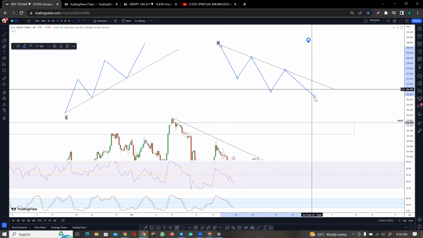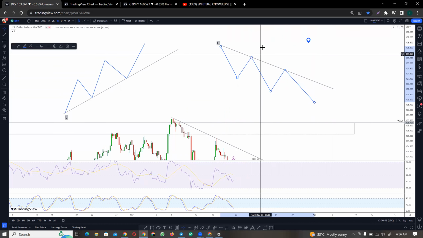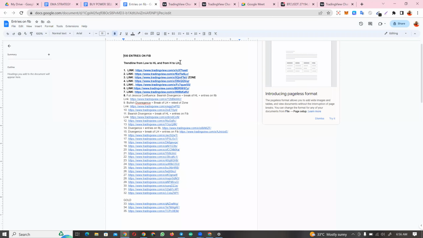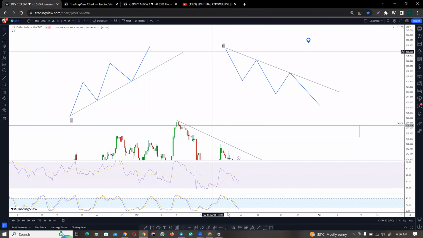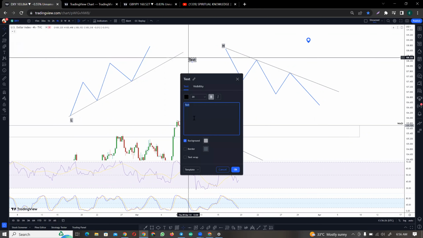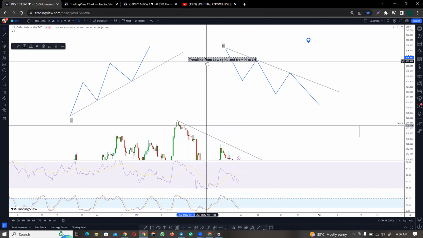So I think this is that stuff I wrote down. I wrote it down here, trend line: from low to higher low and from high to lower high. I hope it makes sense to you now. Sometimes if you are doing something, you get confused, is this trend line right?